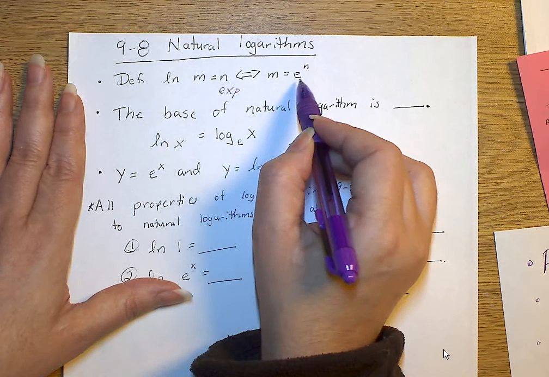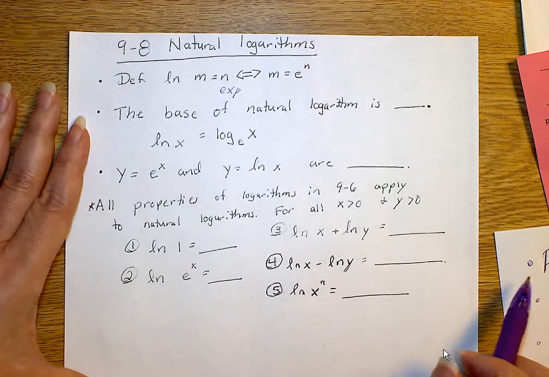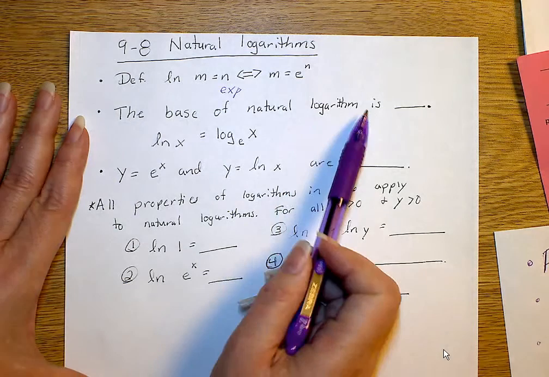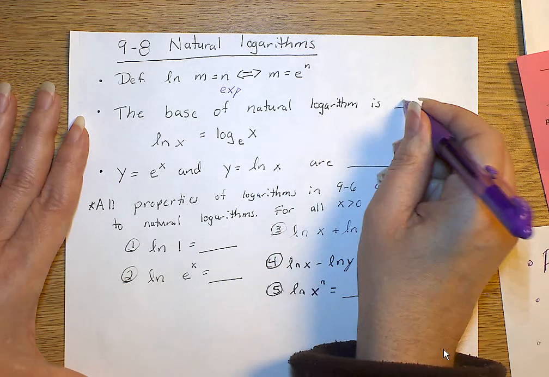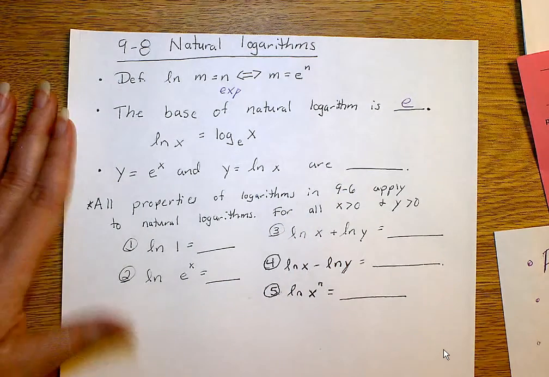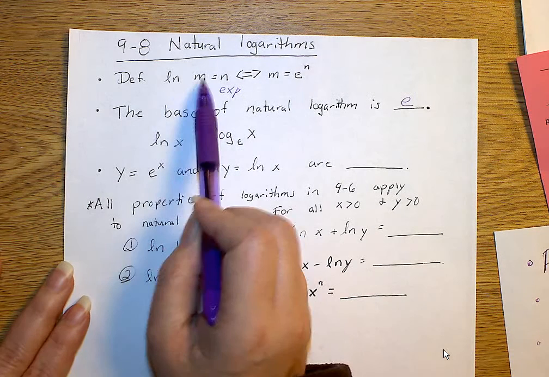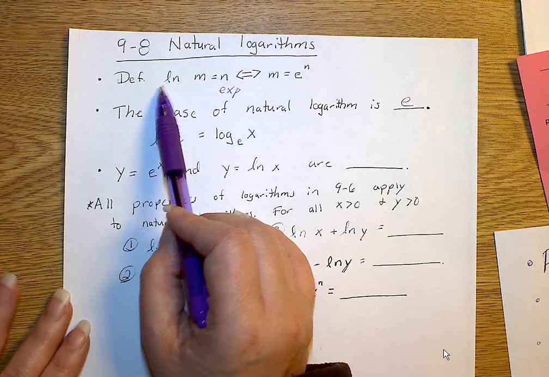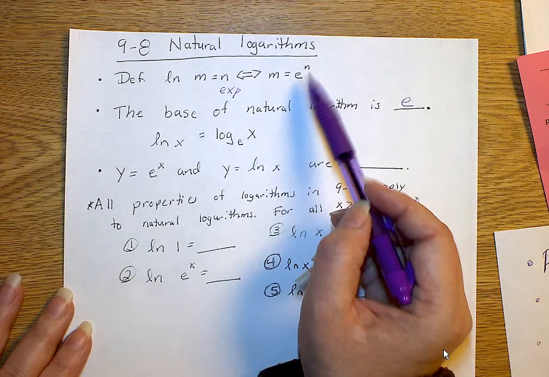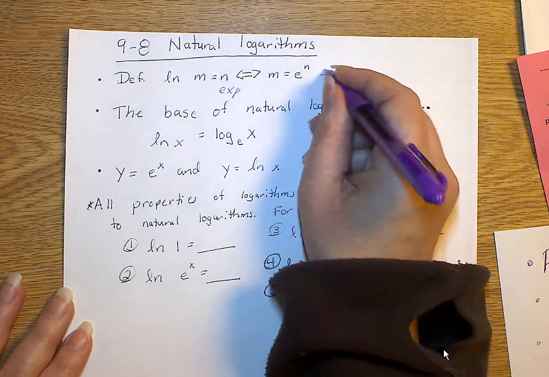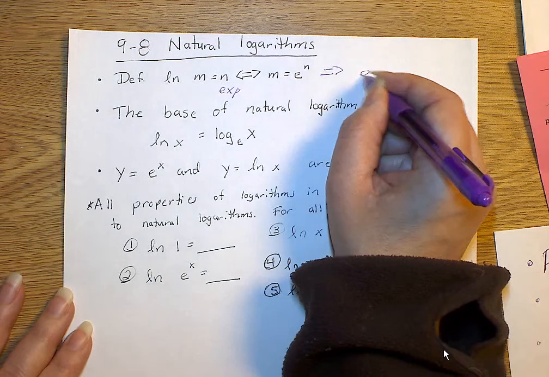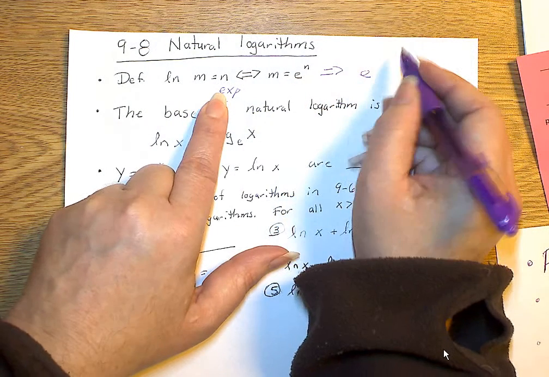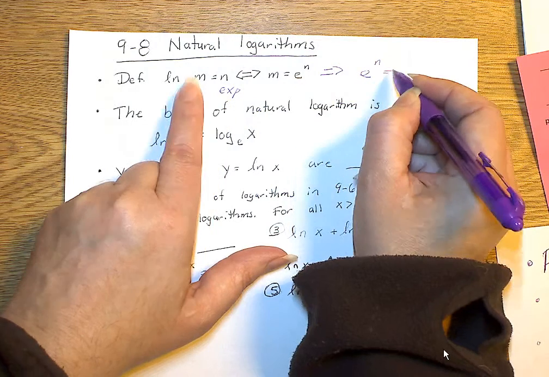The first thing we have here is that the base of a natural log is e. A lot of times they will not write anything there, but if there's nothing there, the natural log base is e. I'm going to rewrite this also: e is your base, your exponent was n, and your answer is m.